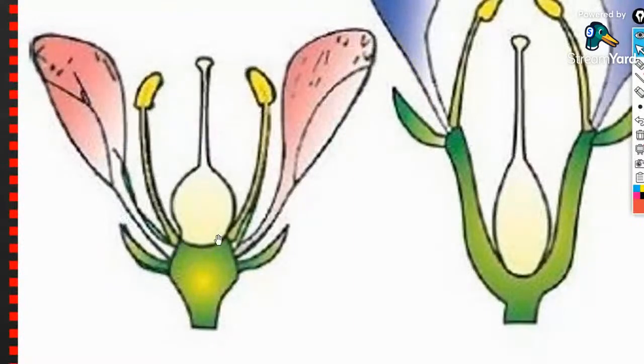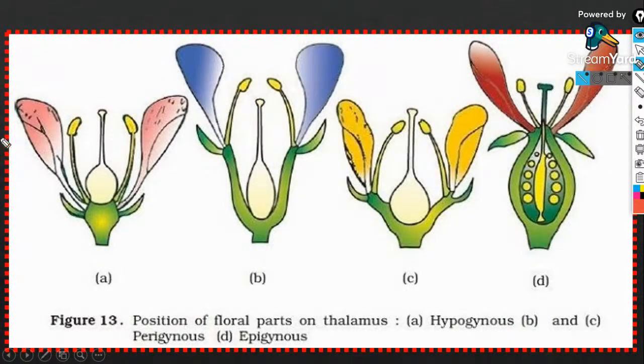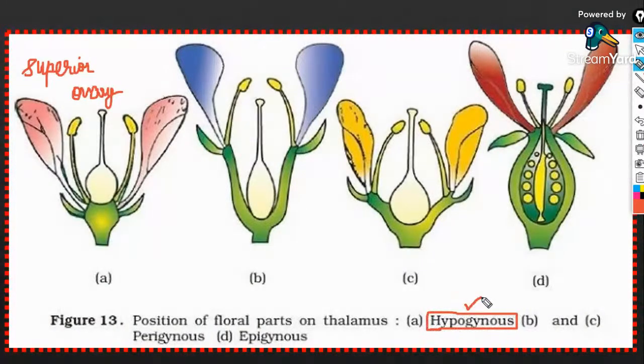Look, this is the ovary and you will find that the sepals, petals and androecium are all originating below it. This is a superior ovary, where all other floral whorls are below it, or the gynoecium occupies the topmost position. Such a condition is known as hypogynous. Is it clear?